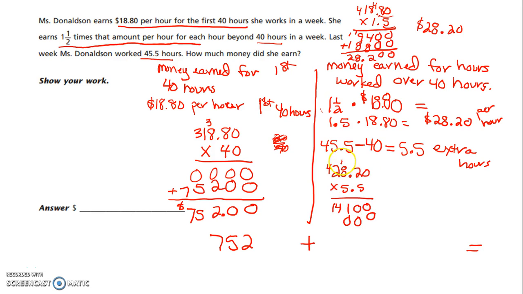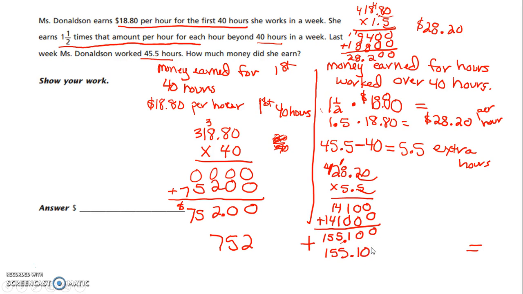Put down a 0, carry a 1. 5 times 8 is 40, and 1 is 41. 5 times 2 is 10, and 4 more is 14. We'll add these together. 0, 0, 1, 5, 5, 1. I got to move over 1, 2, 3 places. So that would be $155.10.